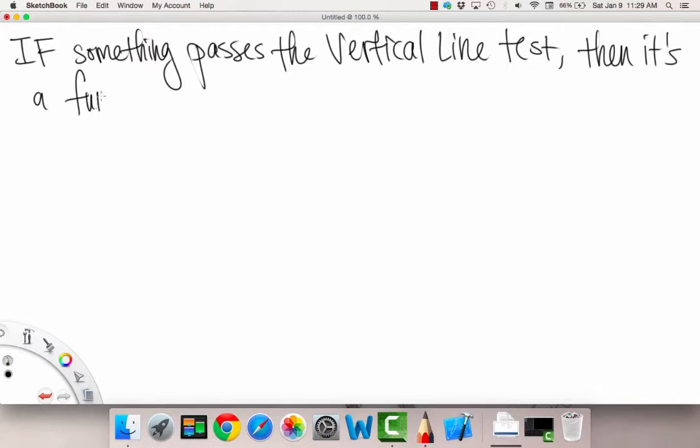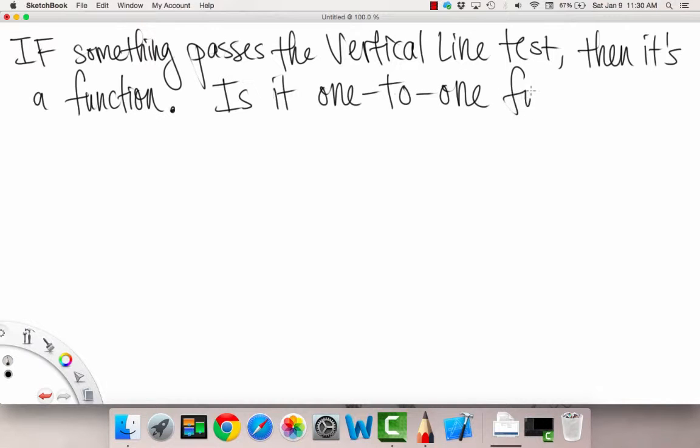Then it's a function, period. And then we ask, is this function 1-to-1? First of all, it has to pass the vertical line test, and we have to determine whether it is a function or not, because if it isn't a function, it can't be a 1-to-1 function either. But if it gets past that first threshold, then we can ask, is it 1-to-1?